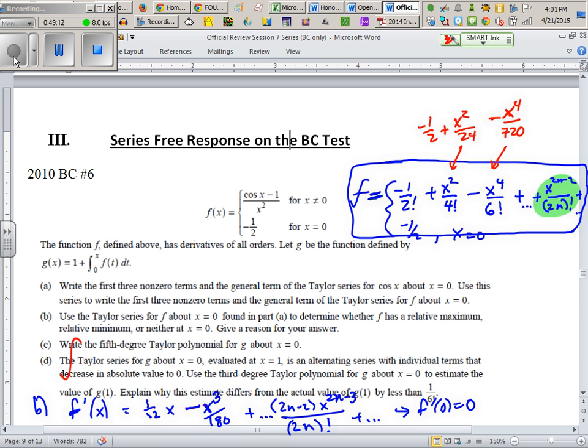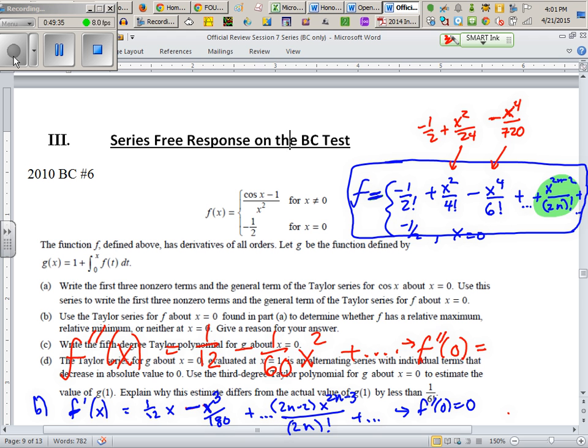So I'll write my work in red. Can you see if I write over the top of this? F double prime of x is just going to be 1/12 minus 1 over 60 x squared, and so on. But what's going to happen if you take the second derivative at 0?